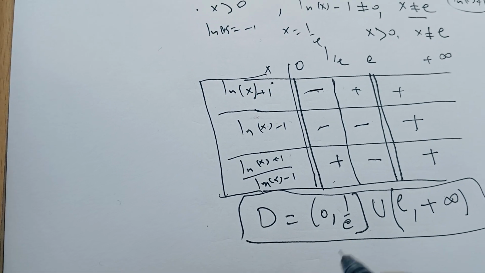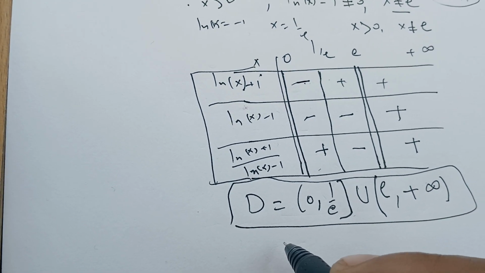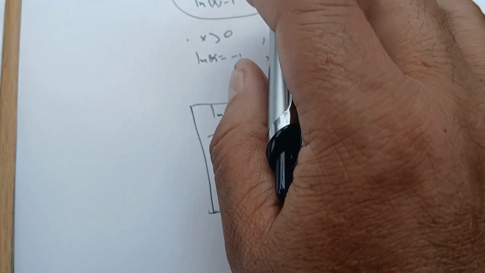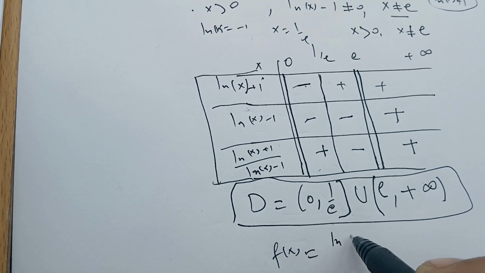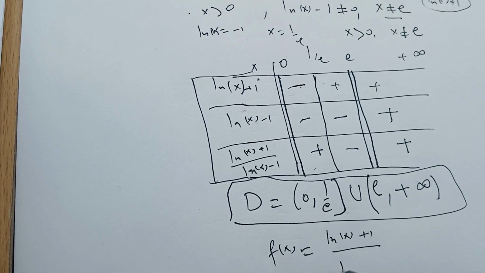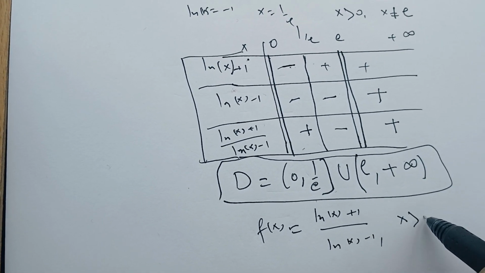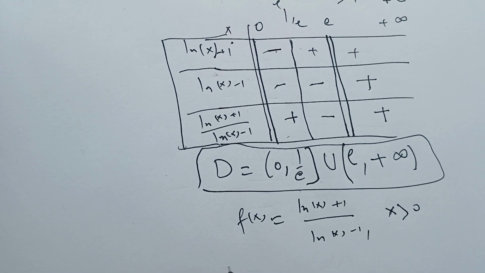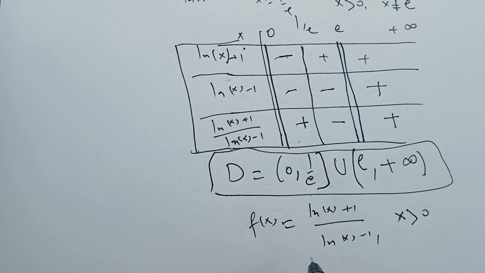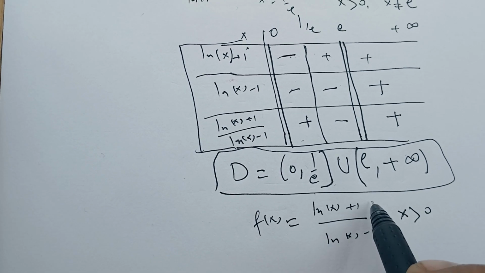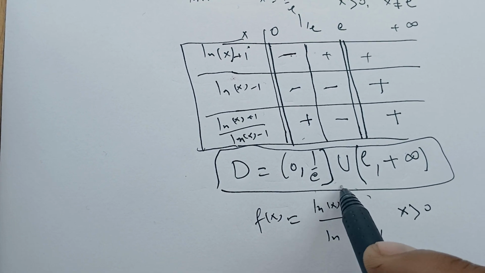You can define a new function, call it f of x, given by ln of x plus 1 over ln of x minus 1 with this condition, x is bigger than 0. Okay, it's the same, and the calculator is gonna do the same thing.